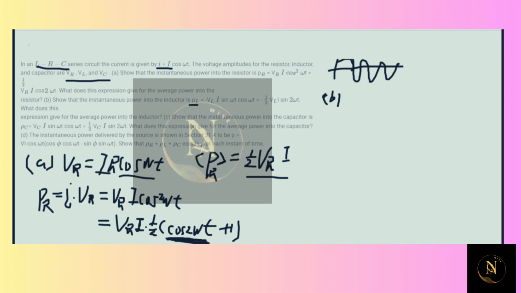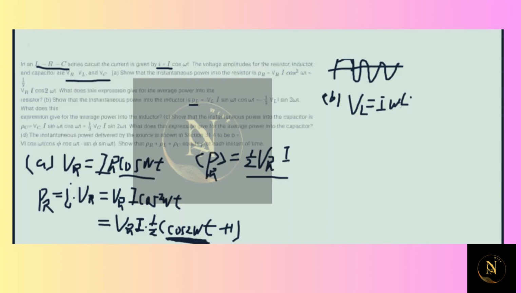So firstly, let's figure out the amplitude, which is I times omega L. Because the voltage leads the current, it will be cosine omega t plus pi over 2. So pi over 2 is the leading phase.